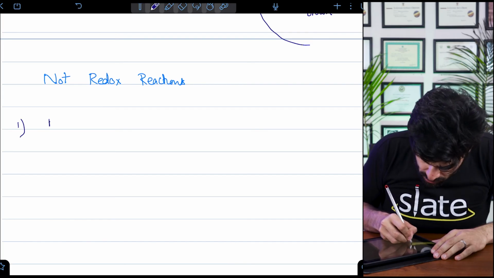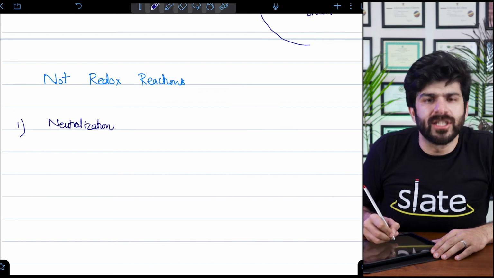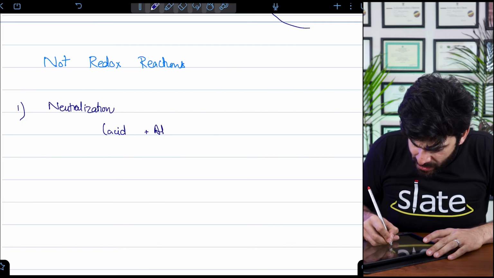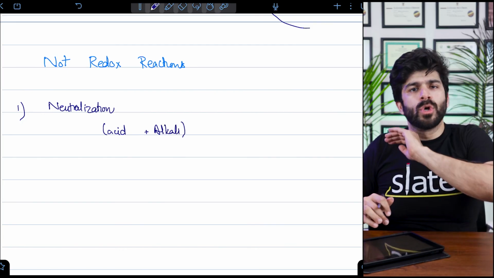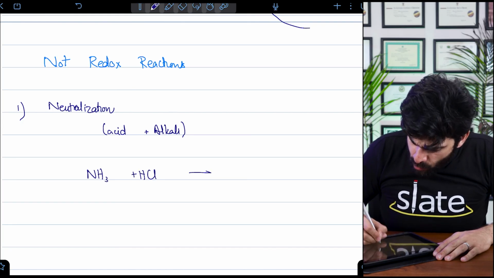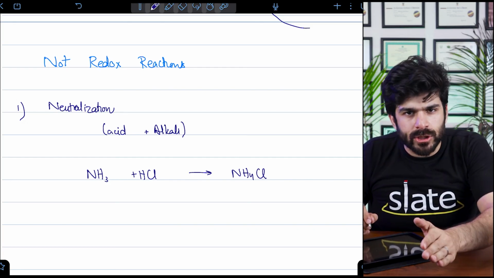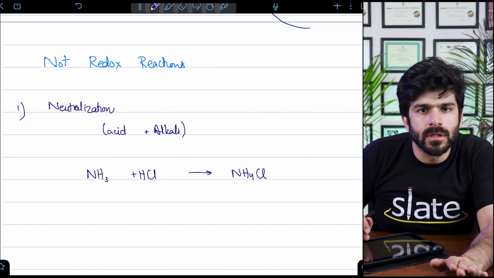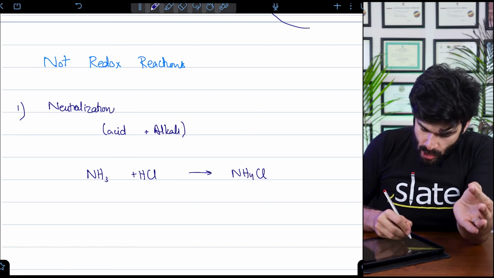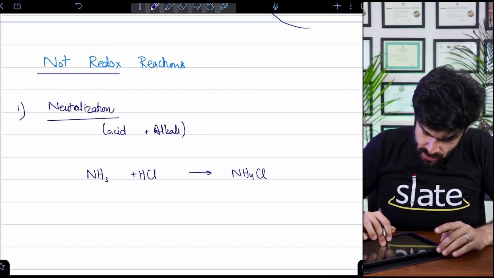The first one, neutralization reaction, which is acid plus alkali. For instance, ammonia plus HCl will form NH4Cl. If you take time and calculate their oxidation states, there is no change. No entity is getting oxidized, no entity is getting reduced. So if you observe that it's a neutralization reaction, that's not a redox reaction.